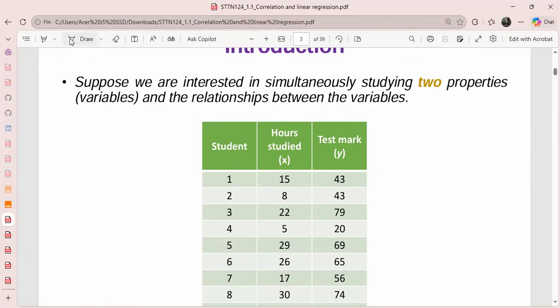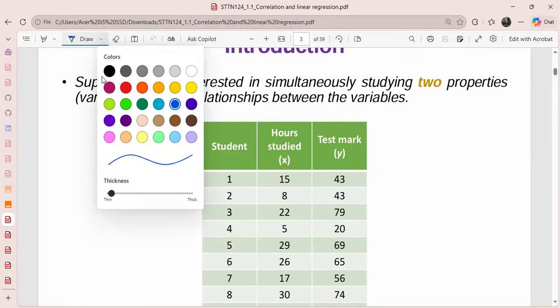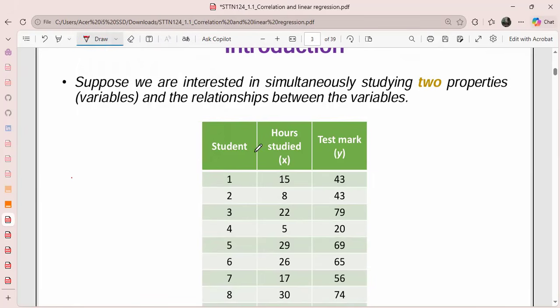So if you look at this one here, you are given the X as the hours studied. You're also given the Y as the test mark. If you're given this and they say you must maybe draw the scatter plot, you know that you're going to use the X and also the Y to draw a scatter plot, which I'm going to explain.